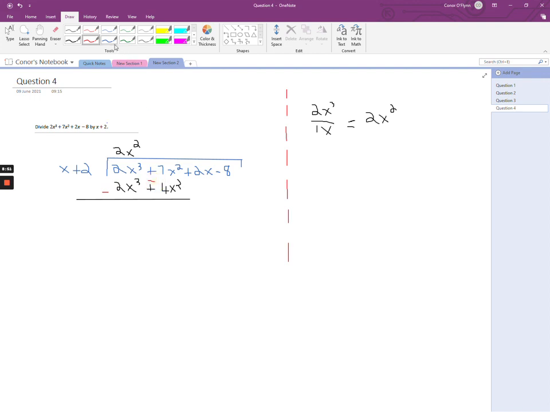Change. 3x squared plus 2x here. Okay, and then it's 3x squared divided by x. It's 3x. So 3x up here.